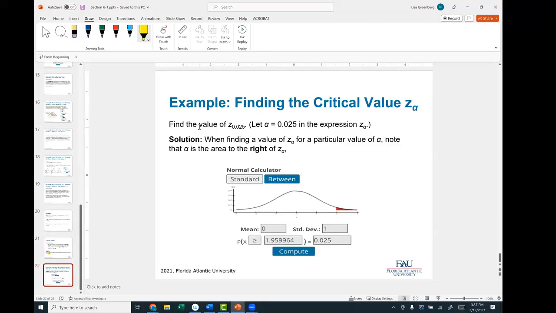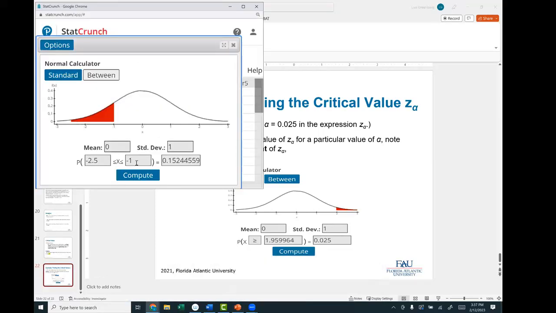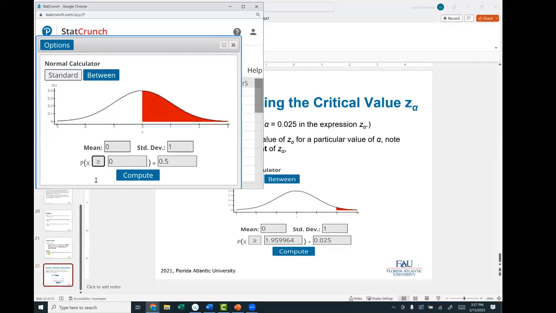So for example, if I want to find the critical value z sub alpha, and it says find the value of z sub 0.025, that means alpha is 0.025. So I would literally just go into my StatCrunch, and I would say, well, I don't want between, I actually want greater than, because I want it to be above that number.